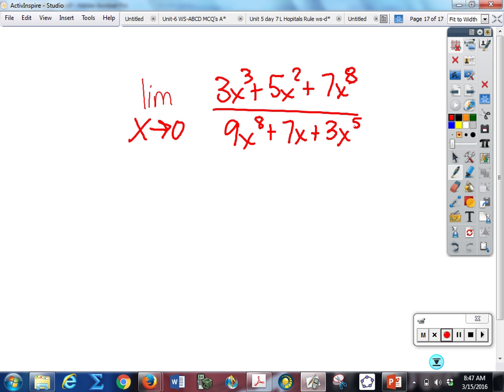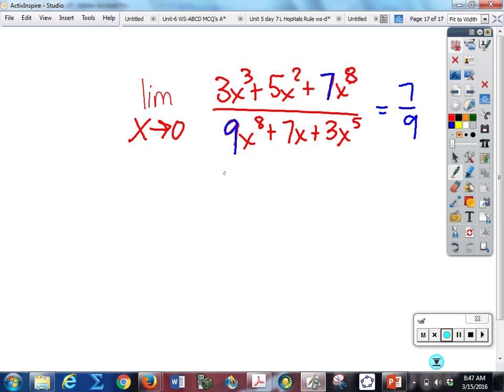So on this one, we just said, okay, we're going to do the asymptotes kind of thing, the horizontal asymptotes. If this is the x to the 8, and this is the x to the 8, then this should be 7/9. Let's say you forgot that rule, and you just start, because right now if I plug in 0, I get 0 over 0, right? So it is indeterminate form. Let's take the derivative a few times and see what happens.